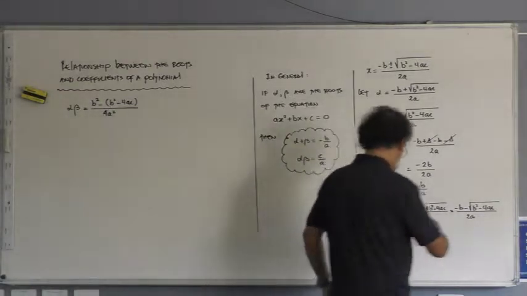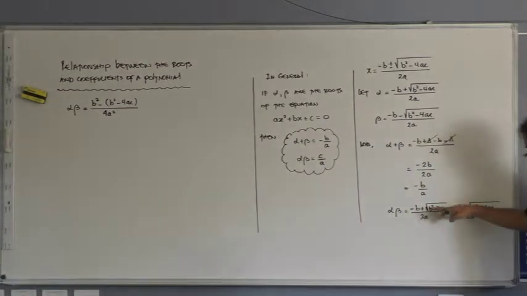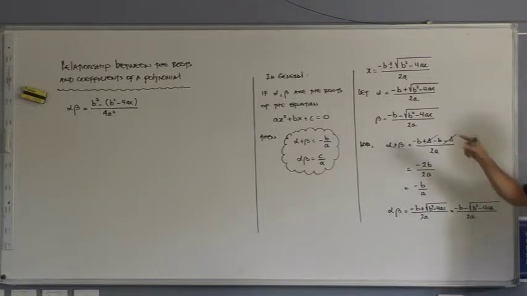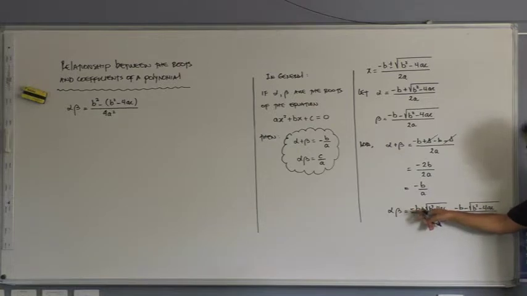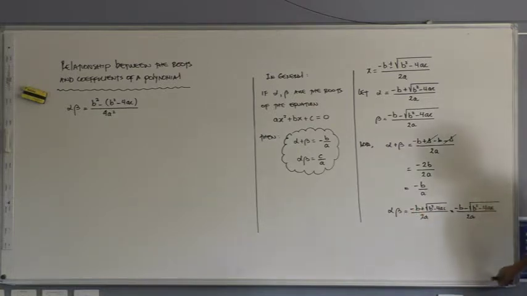When you multiply the top line, the answer is b squared and then take away. Remember that when you do the difference of two squares, it's always something squared and then take away. That's why we have that take away in front of the bracket. So say it again: if you multiply the top line, we have b squared minus, in brackets, b squared minus 4ac.